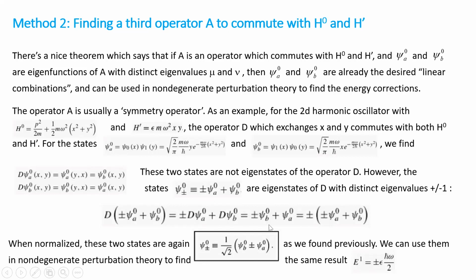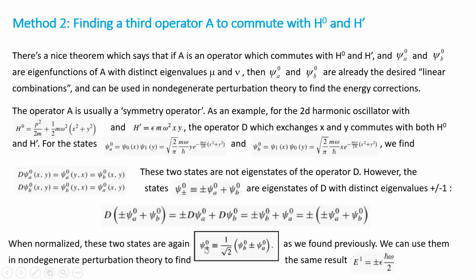So once we know that we have those two states of the symmetry operator with distinct eigenvalues plus or minus 1, those must be the states we need to use to find the first order corrections to the energy. So we could use those in non-degenerate perturbation theory.